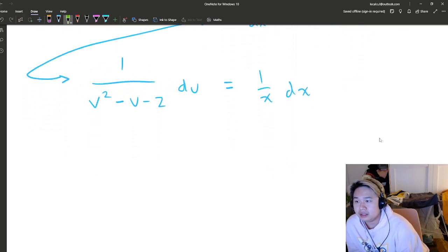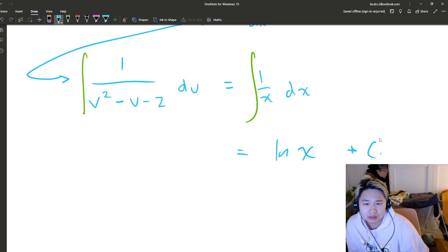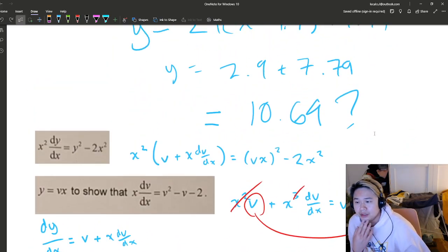Then you've got to integrate both sides. On the right side, you just have natural log of x, and then I'll just add the plus c. You don't need the absolute value because you know x is positive already from earlier.